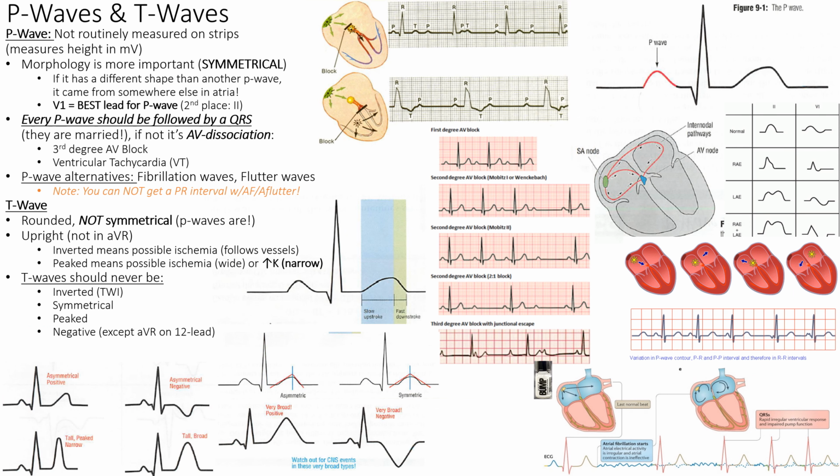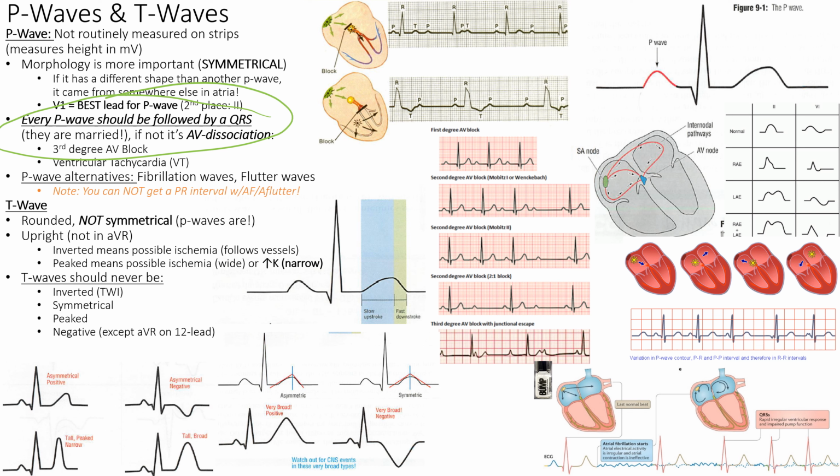Okay, so P waves and T waves, we're really not going to focus on because that's more 12 lead area, and that's really after nursing school. But what you got to know for P waves is that every P wave should be followed by a QRS complex, right? Every time there's a P wave, there should be a QRS complex. If there's not, they could be divorced. That means they usually have a third degree AV block, okay?